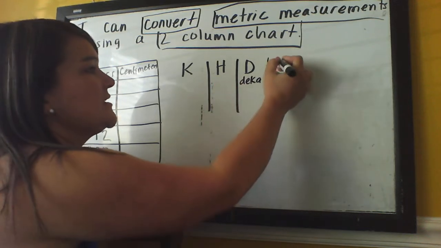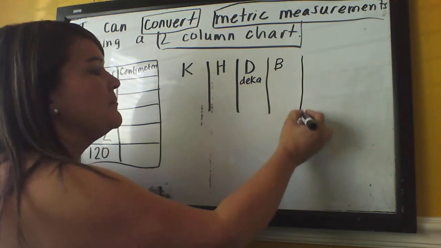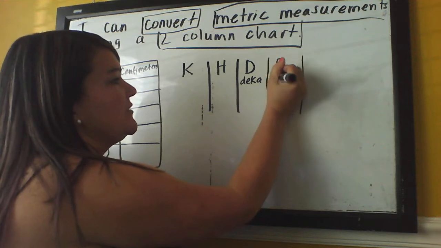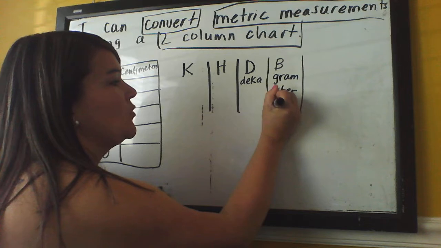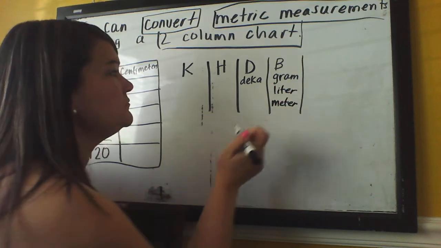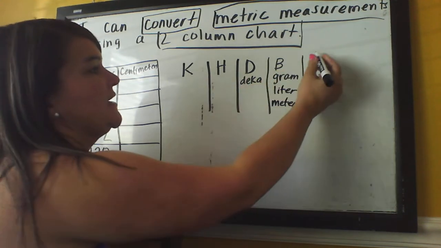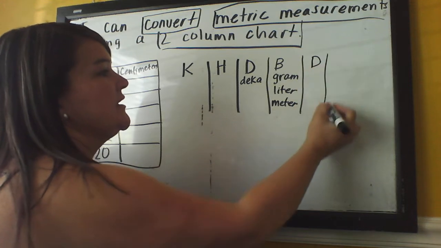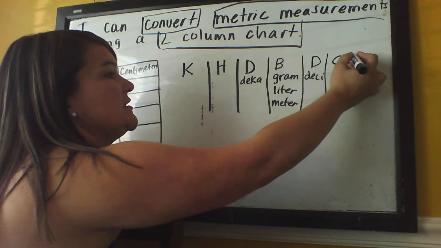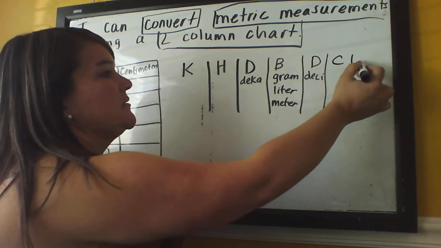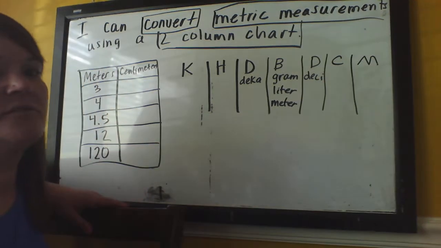King Henry dies by, that's going to be our base, and remember base would be either gram, liter, or meter. King Henry dies by drinking, here's that other D, deci, chocolate, C stands for centi, chocolate milk, and M stands for milli.